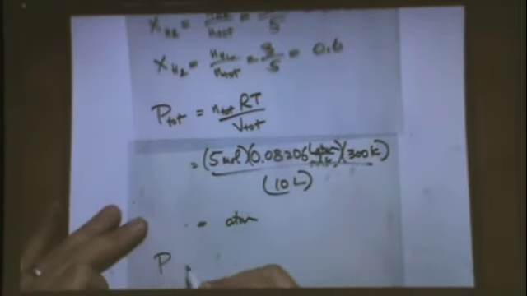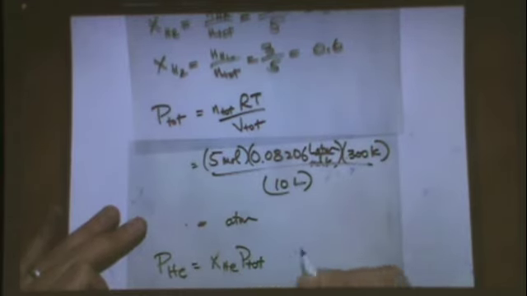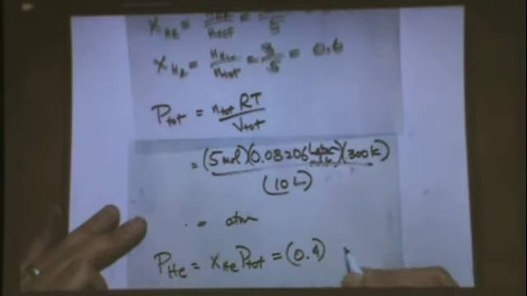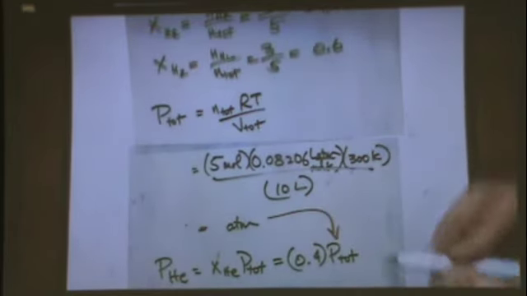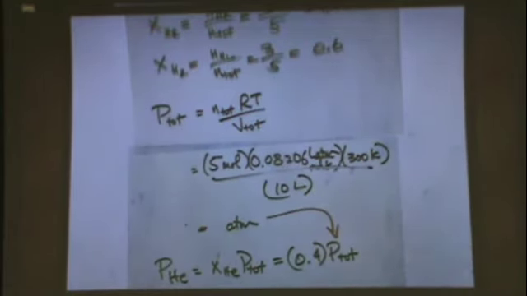Then the next thing you want to do is find the partial pressure of helium. That's the mole fraction of helium times P total. So that would be the mole fraction of helium, about 0.4, times P total, the answer of the previous part plugged in there. And, yes? I'm sorry.